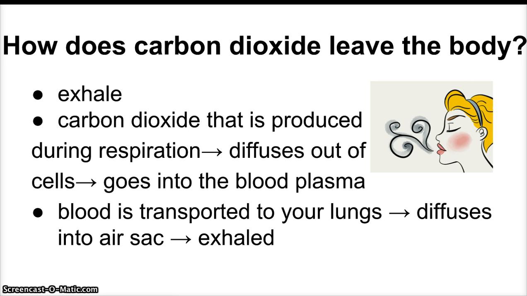Do you remember what plasma is? To review, plasma is the liquid part of our blood. When the blood is transported to our lungs, the carbon dioxide diffuses into our air sacs and is exhaled. And so that is basically how aerobic respiration works.